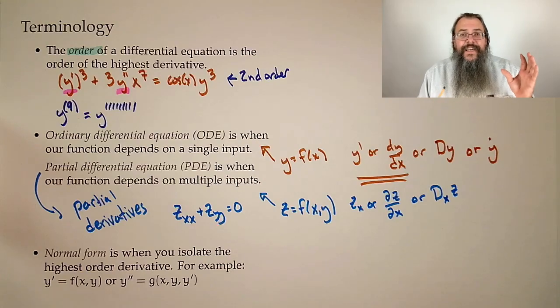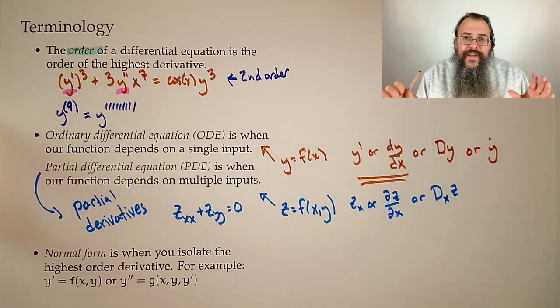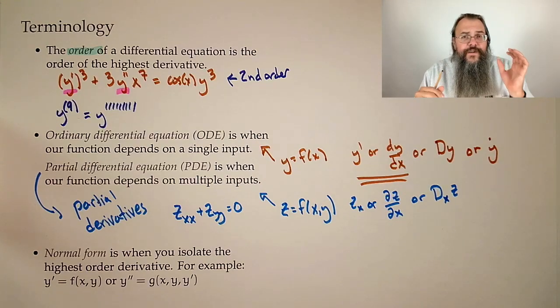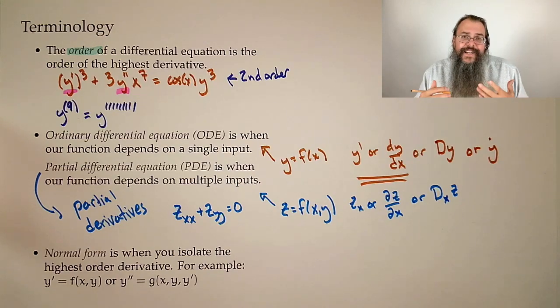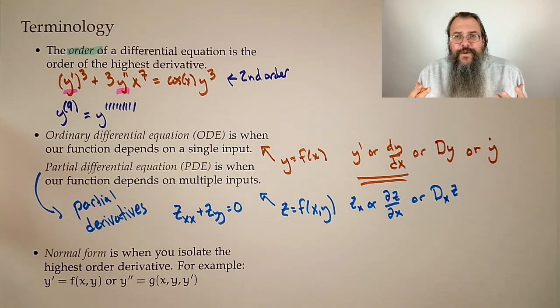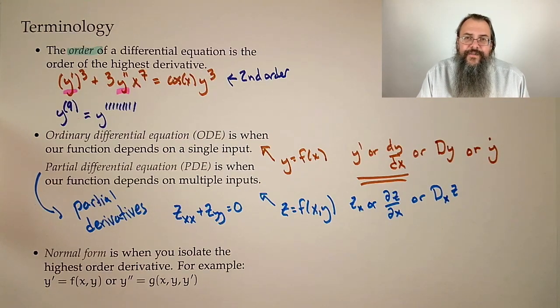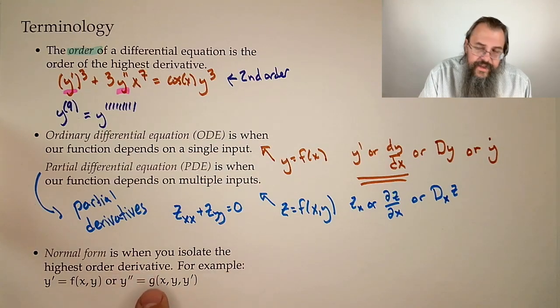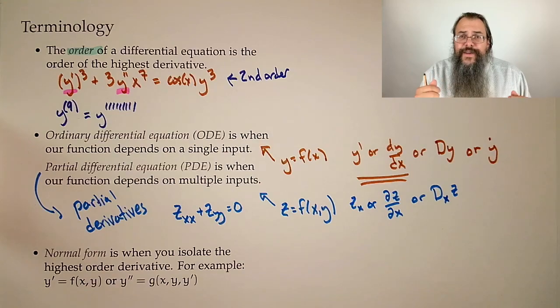The last thing is just a little side note that says, what is the normal form of a differential equation? And it's actually kind of intuitive. If you look at it, it might confuse you more than anything else when you say, okay, what does it mean? Well, it says, get the highest order derivative by itself.